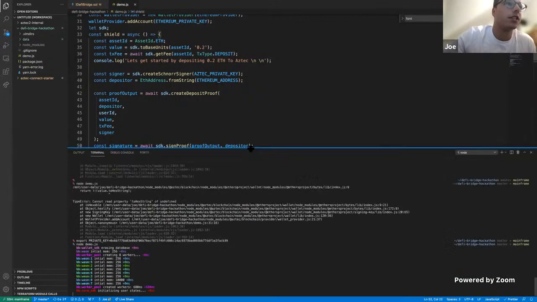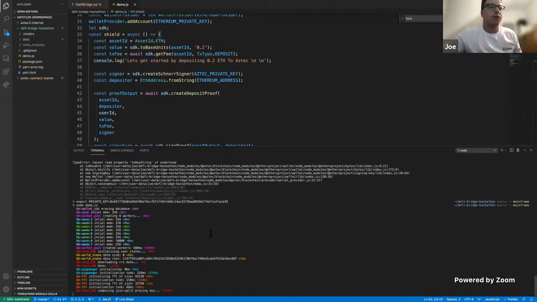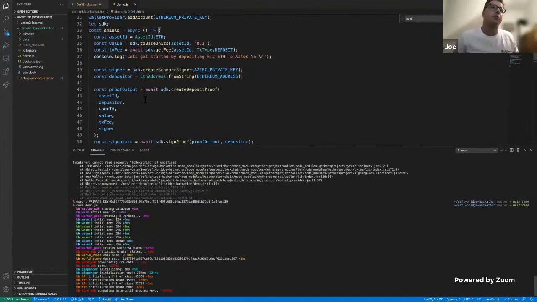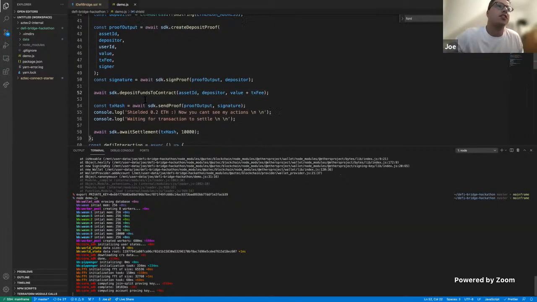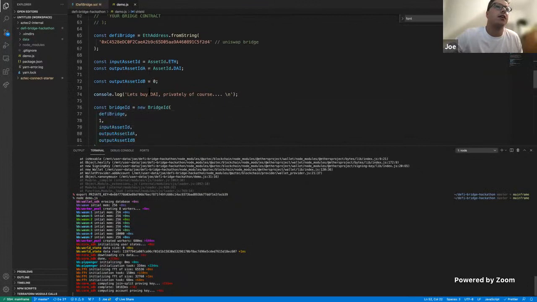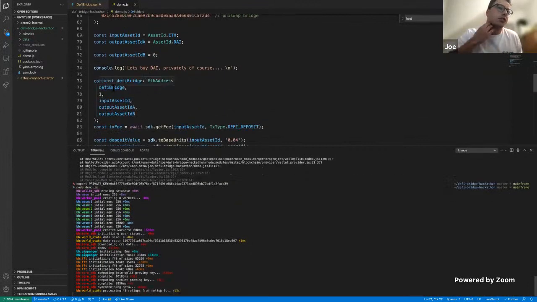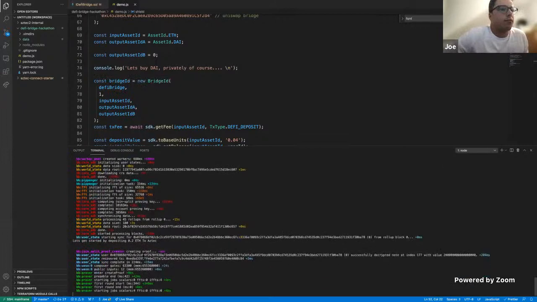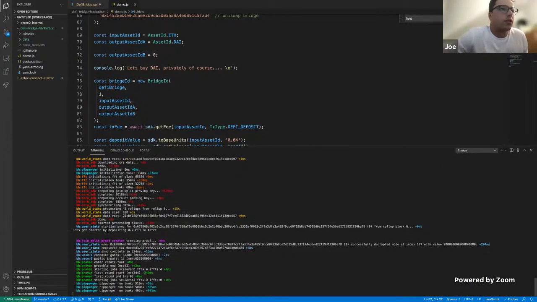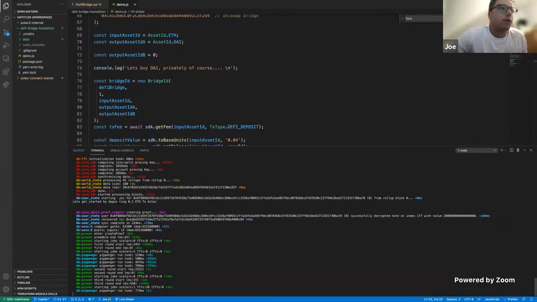Cool. So this is our SDK spinning up. This usually runs in the browser, and this is just a TypeScript SDK. This is how your users eventually will interact with your bridge contract by creating a bridge ID with your address. The first step here is, as you can see, I'm going to deposit my 0.2 ETH.